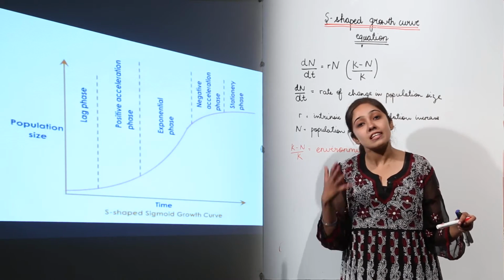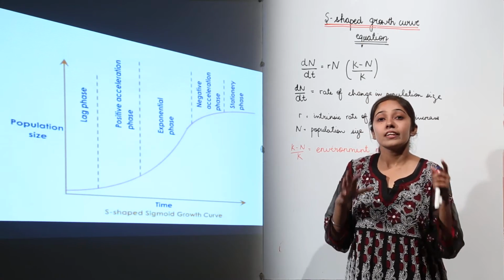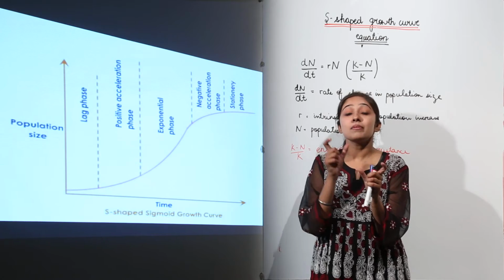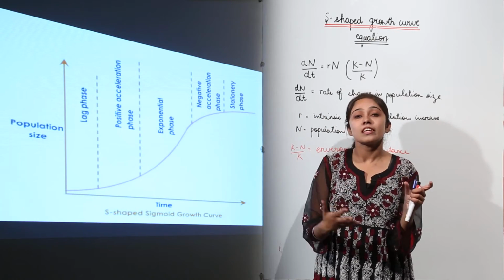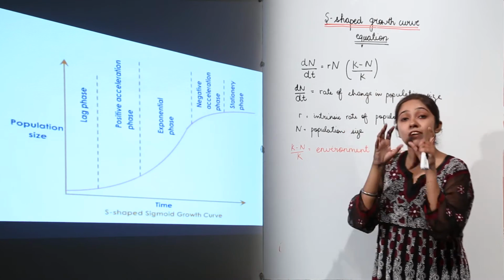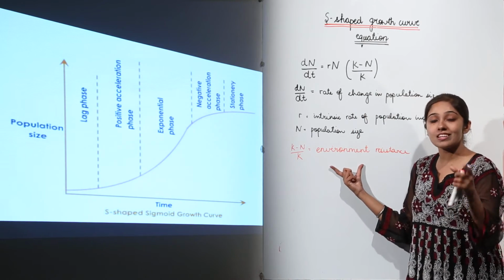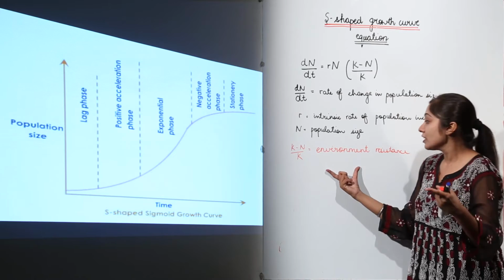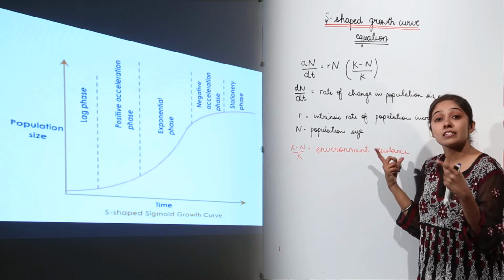But actually these ideal conditions do not exist in the environment. There are some limiting factors, like shortage of food, predators, and competition. The limiting factors lead to environmental resistance, or you can say environmental regulation also. So this (K - N)/K is environmental resistance.